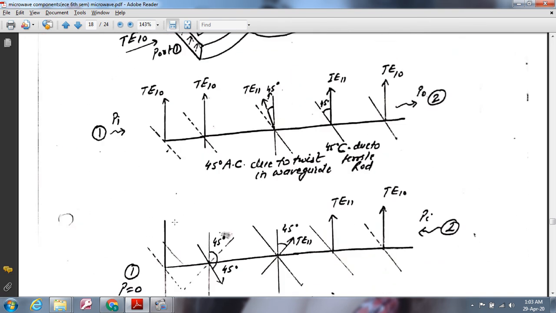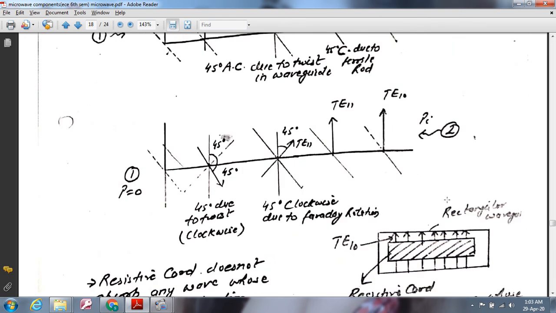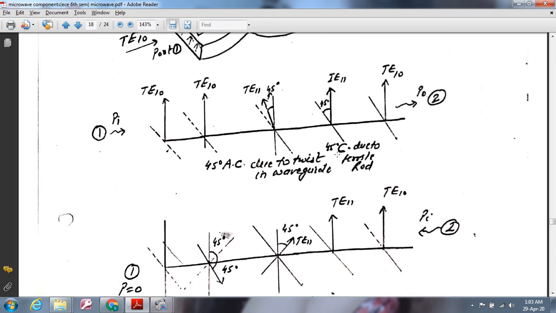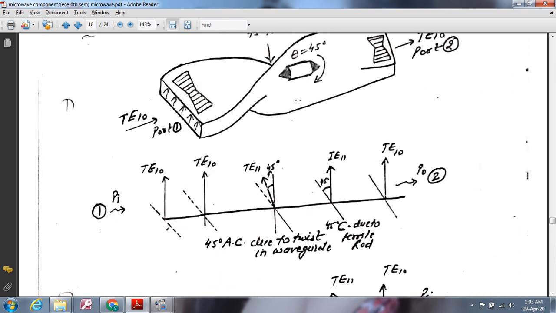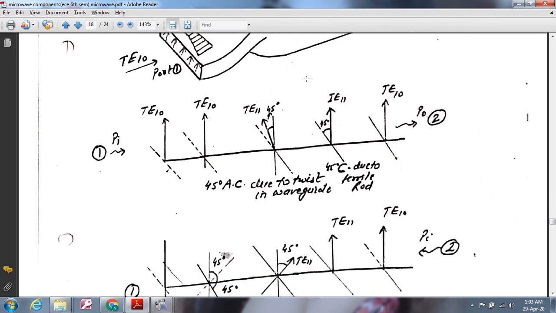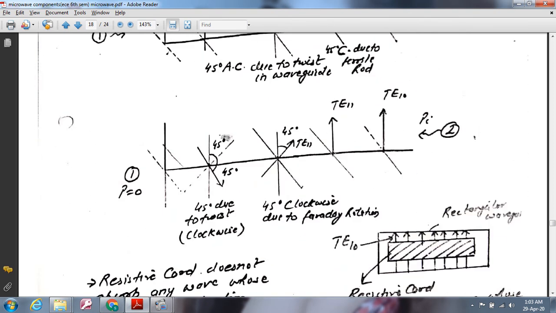So in this case we start our journey from this side and we assume this is the input. Initially it will pass through the ferrite rod with 45-degree clockwise rotation. So at the output of this ferrite rod, it will be 45 degrees clockwise.